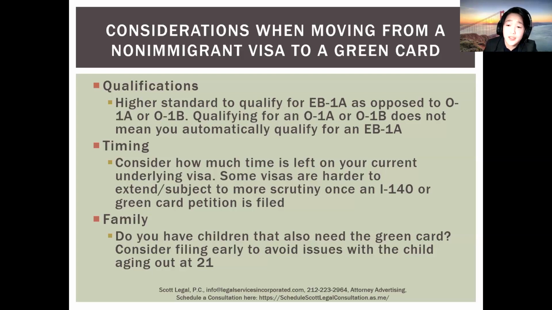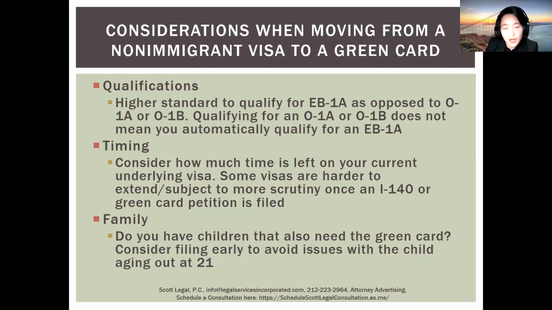Another thing to consider is timing. Definitely consider how much time is left on your current non-immigrant visa if you're already in the United States on a different underlying visa, such as the TN visa, for example, because for the EB-1A or the NIW, once you file a petition like that, it is a petition for immigrant status. It is a petition for permanent resident status, and that can be evidence of immigrant intent.